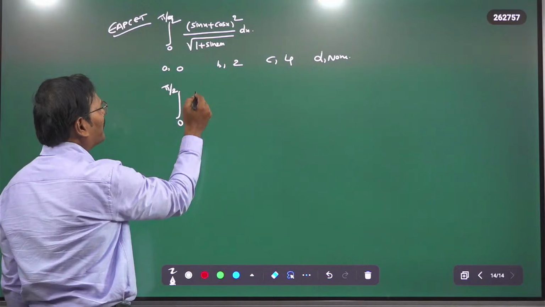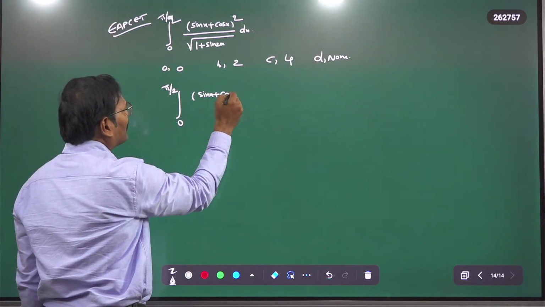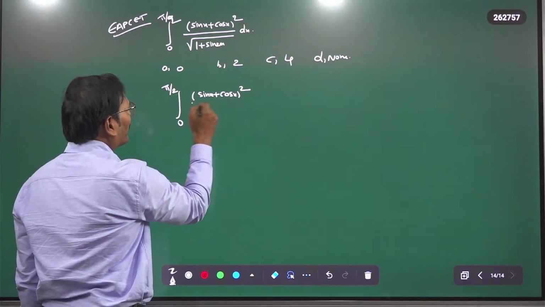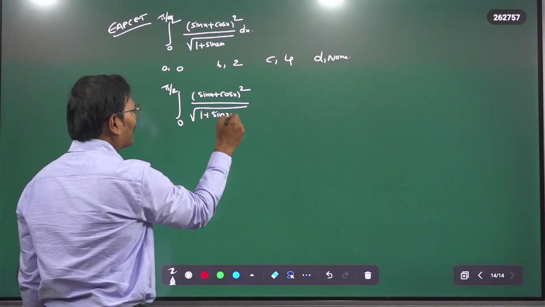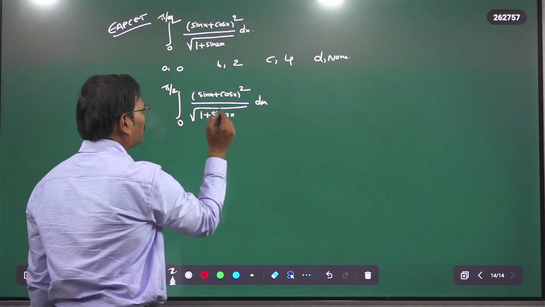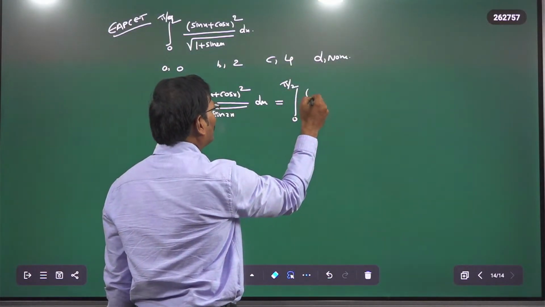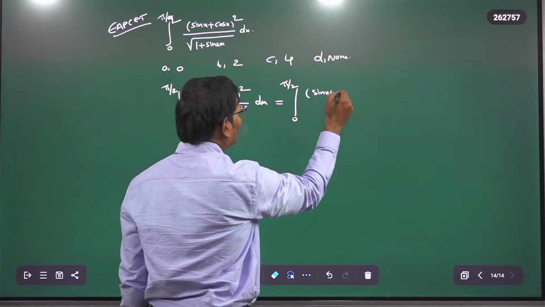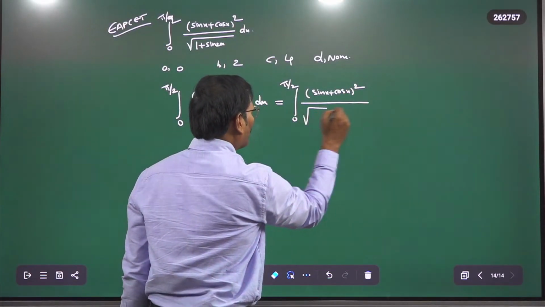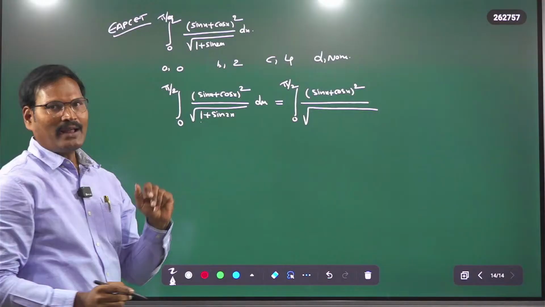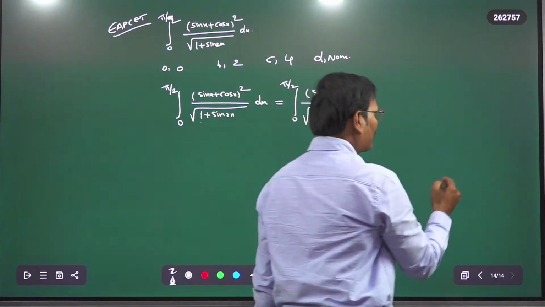Integral 0 to pi by 2, sin x plus cos x whole square by under root of 1 plus sin 2x, I have written the question, equal to integral 0 to pi by 2, sin x plus cos x whole square by... 1. Can I write 1 as cos square x plus sin square x from trigonometric identities?